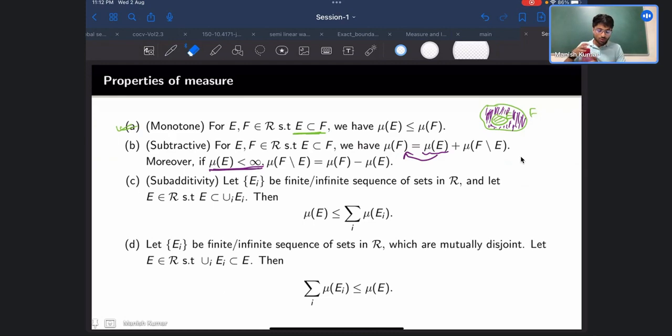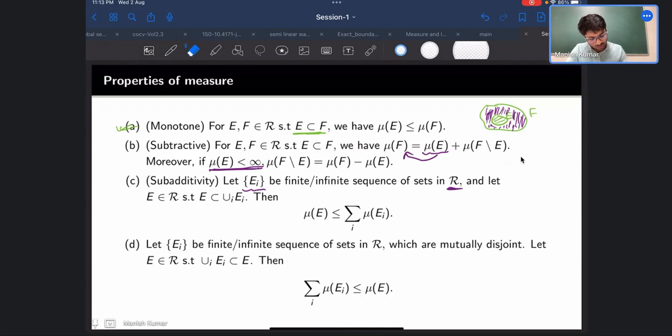So this is another property which is also very natural. Now the third property is subadditivity, which means if you have any finite or infinite sequence E_i of subsets in R, and E is a subset of the union of these, where E can be equal to it as well, then the measure of E is less than or equal to the sum of the measures of E_i.